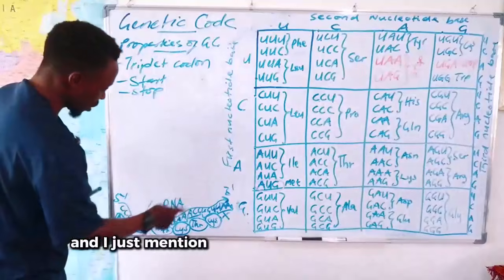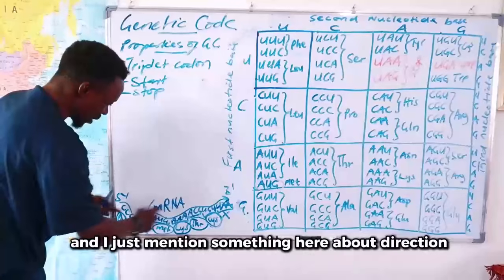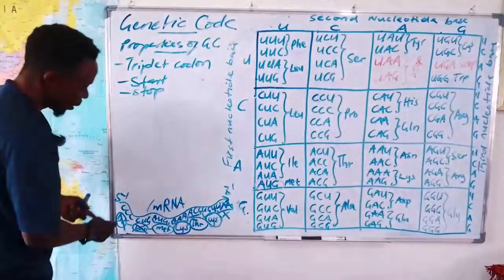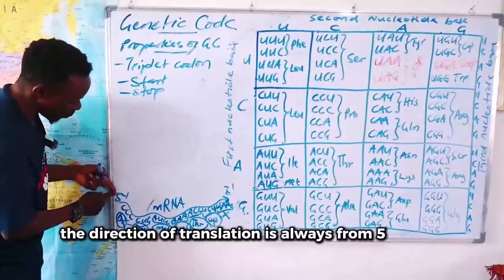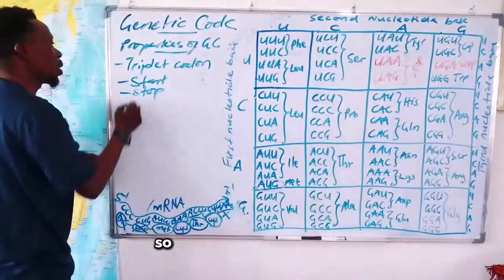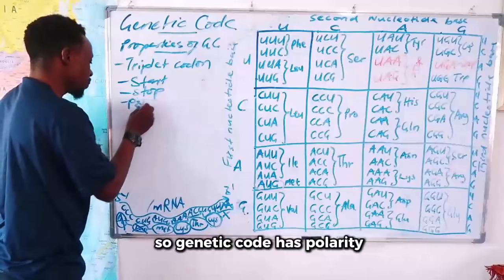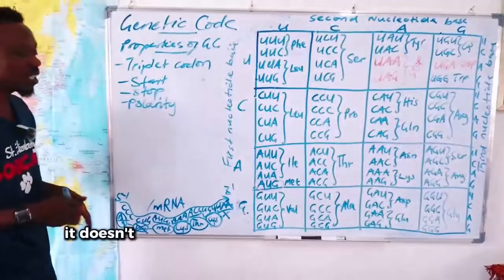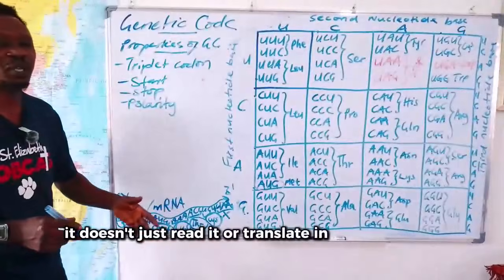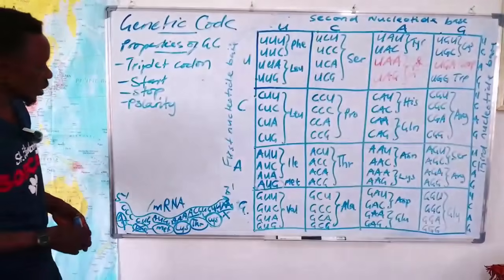And I just mentioned something here about the direction of this mRNA. The direction of translation is always from 5' to 3'. So the genetic code has polarity. It doesn't just read or translate in any direction at all.